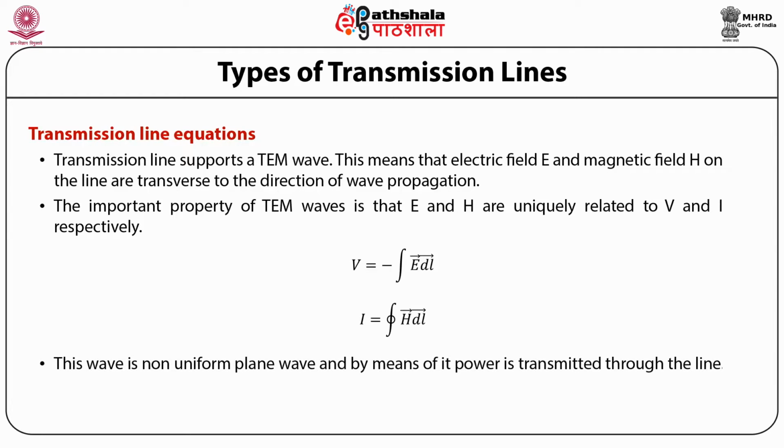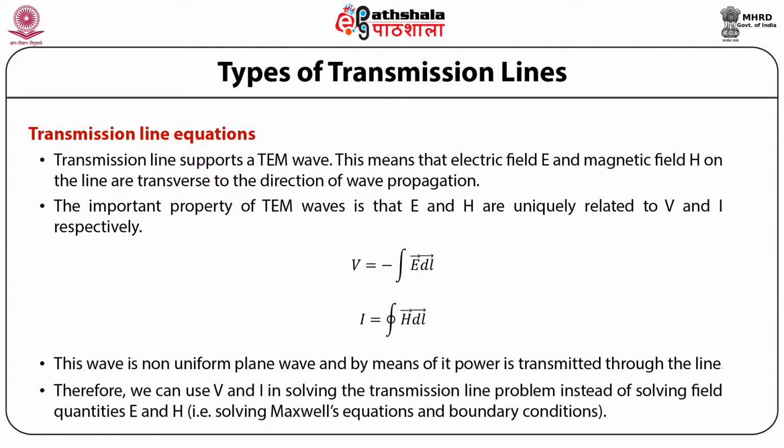This wave is a non-uniform plane wave by means of which its power is transmitted through the line. Therefore, we can use V and I in solving the transmission line problem instead of solving the field equations E and H, that is, solving Maxwell's equations and boundary conditions.